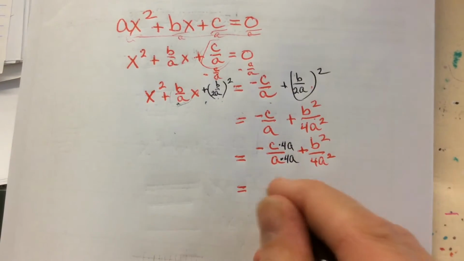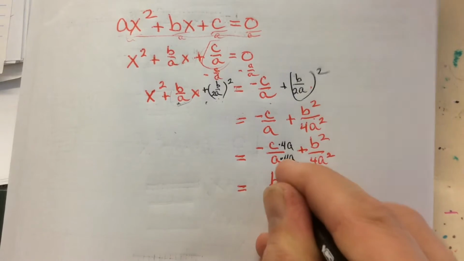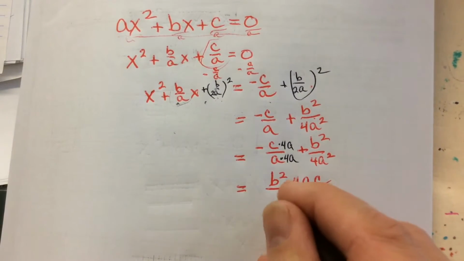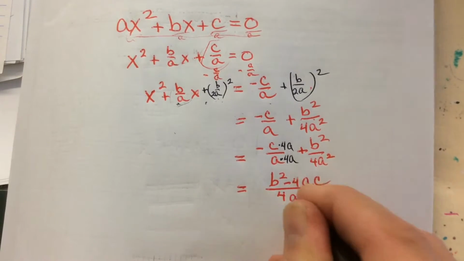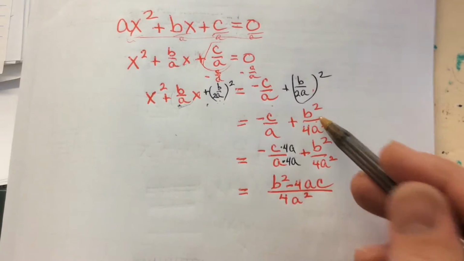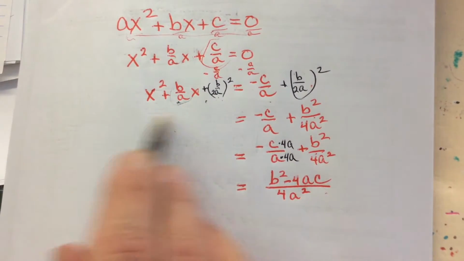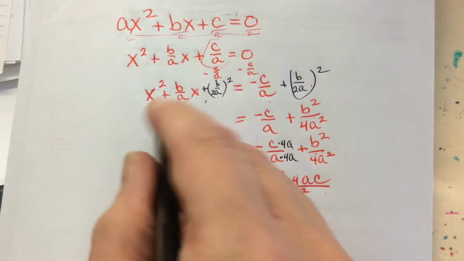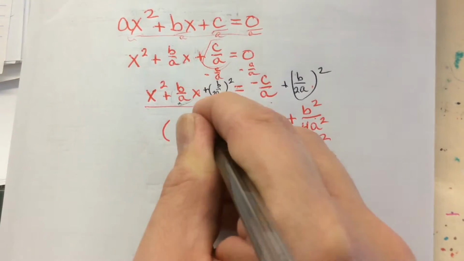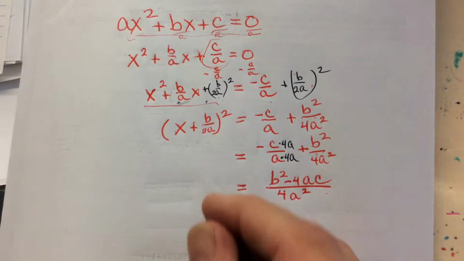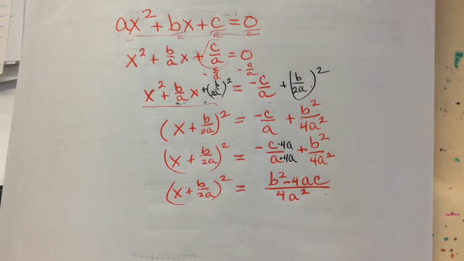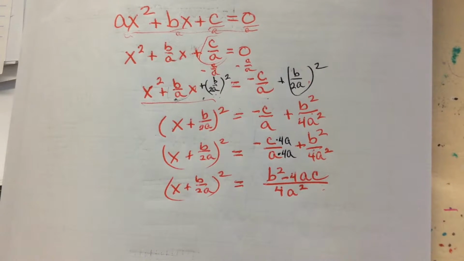And then I would have b squared minus 4ac over 4a squared. Okay? That's how I got from here to here to here. And on this side, because I made a perfect square out of it, that becomes x plus b over 2a squared.